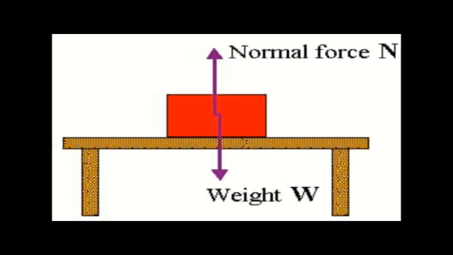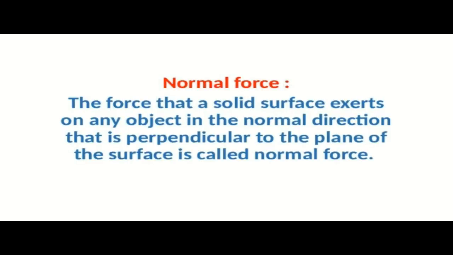This force is called the normal reaction force. Simply, the force that a solid surface exerts on any object in the normal direction, that is, perpendicular to the plane of the surface, is called normal force. It is a contact force.